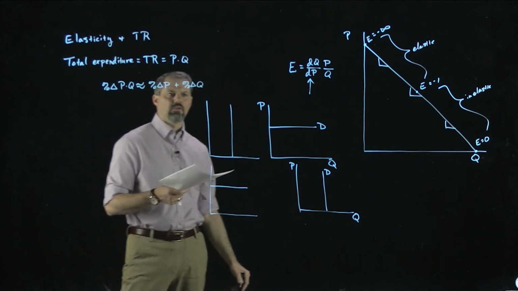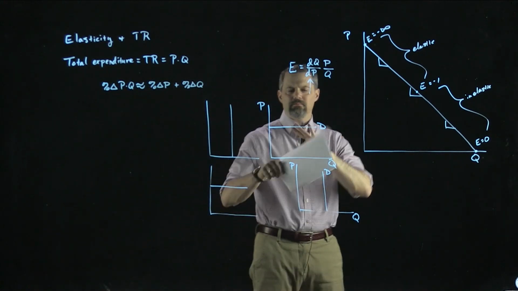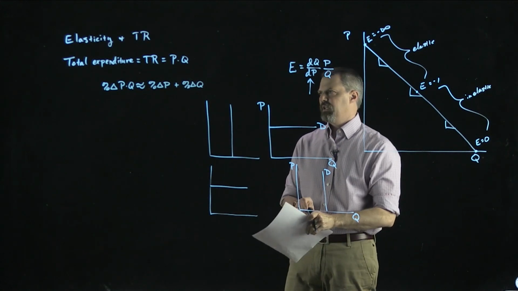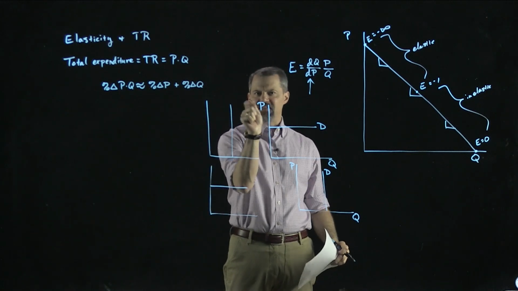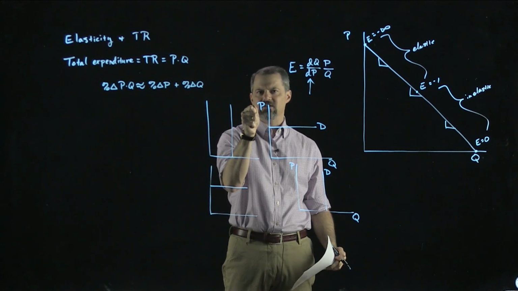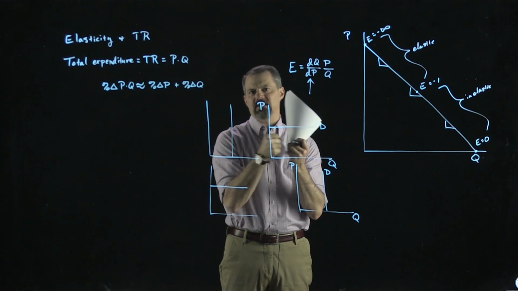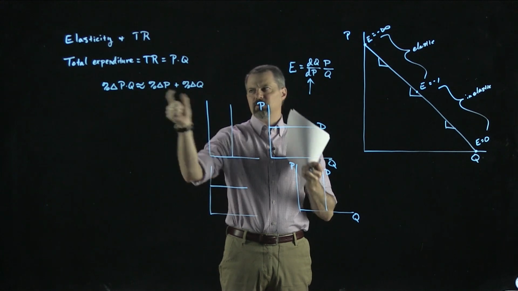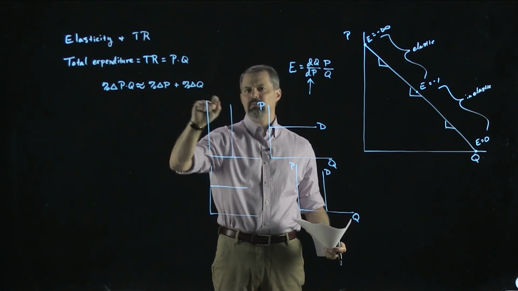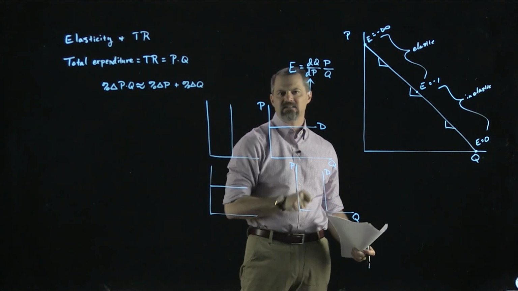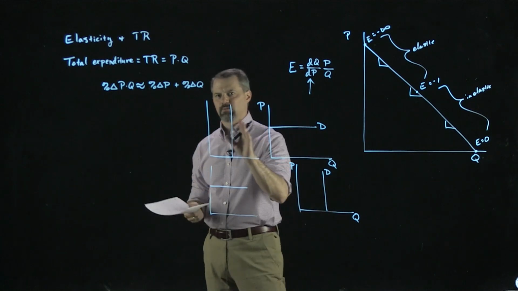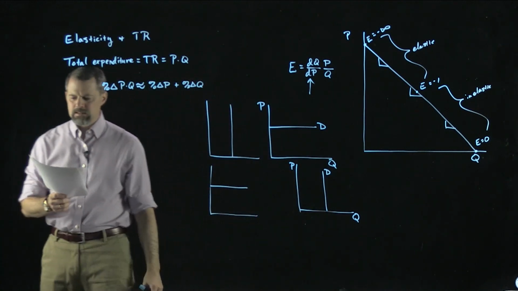That's a handy rule. That's handy out there in the real world when you're not doing economics. If you're trying to figure out the percent change in something, and that thing is two things multiplied together, then the percent change of the product is going to be roughly equal to the sum of the percent changes in each of those things by itself. It's not exactly equal, but it's close enough.